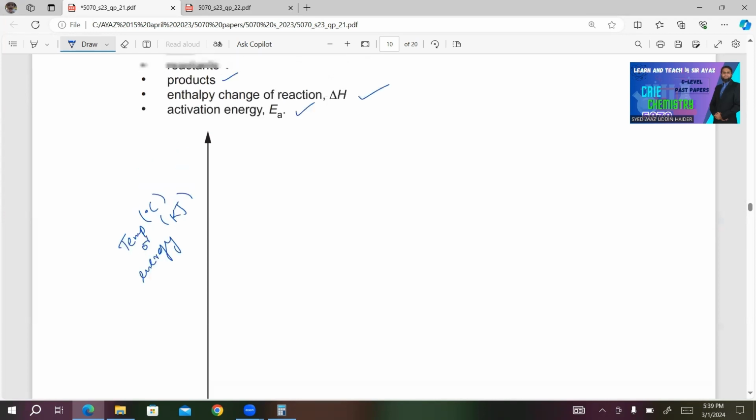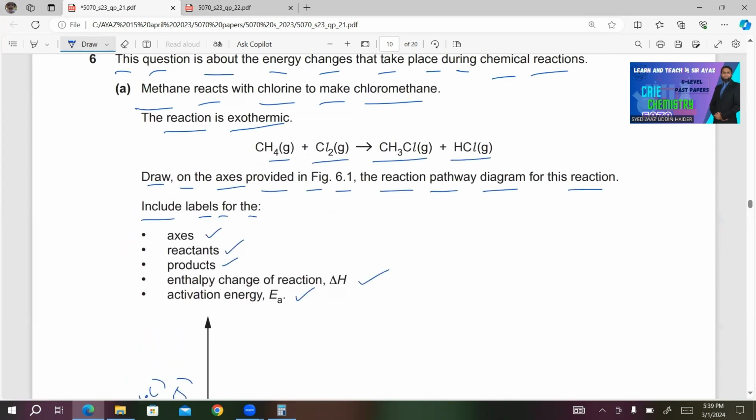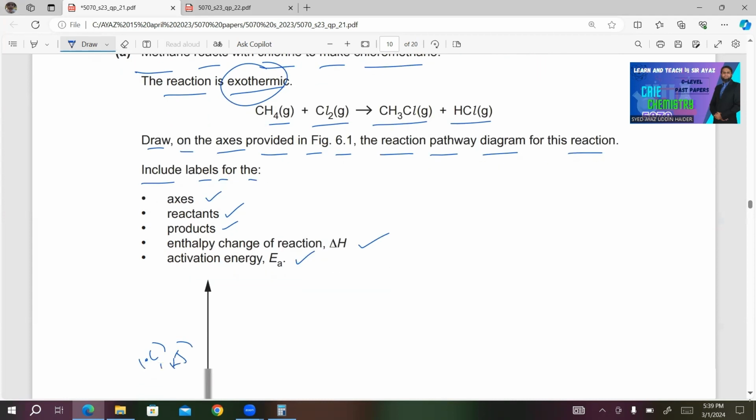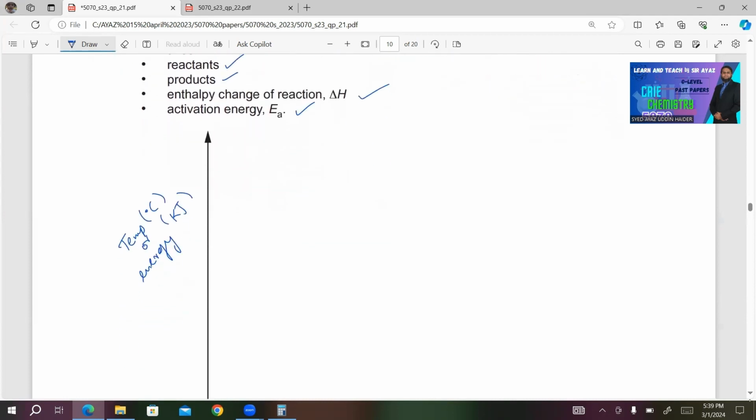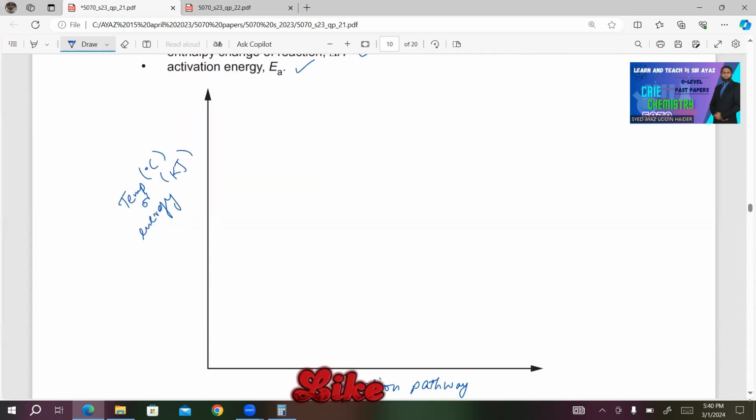Now the reaction is exothermic. Remember, in exothermic, the product will be at a lower energy state than the reactants. So if we have reactant on the left hand side, this will be the product. What are the reactants?